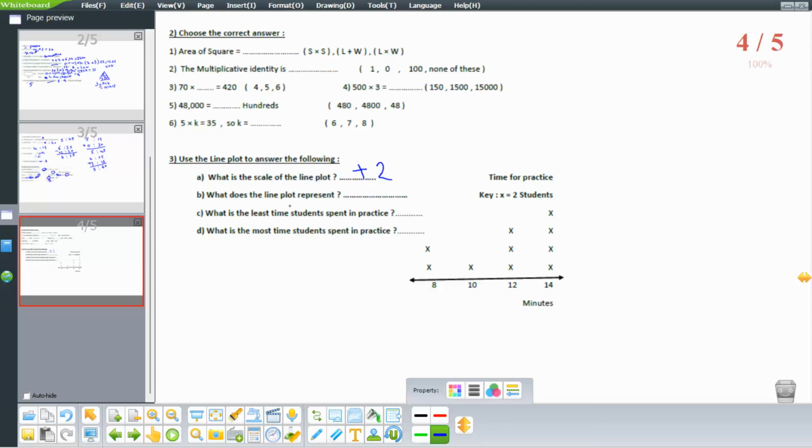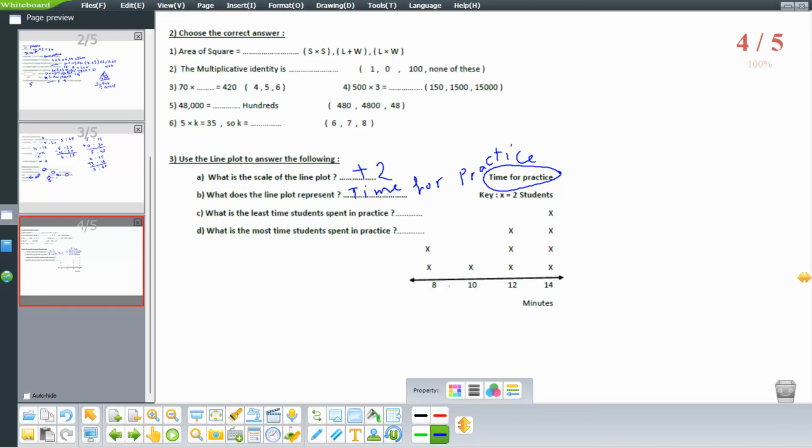What does the line plot represent? This is the title, so it represents time for practice. What is the least time students spend in practice?